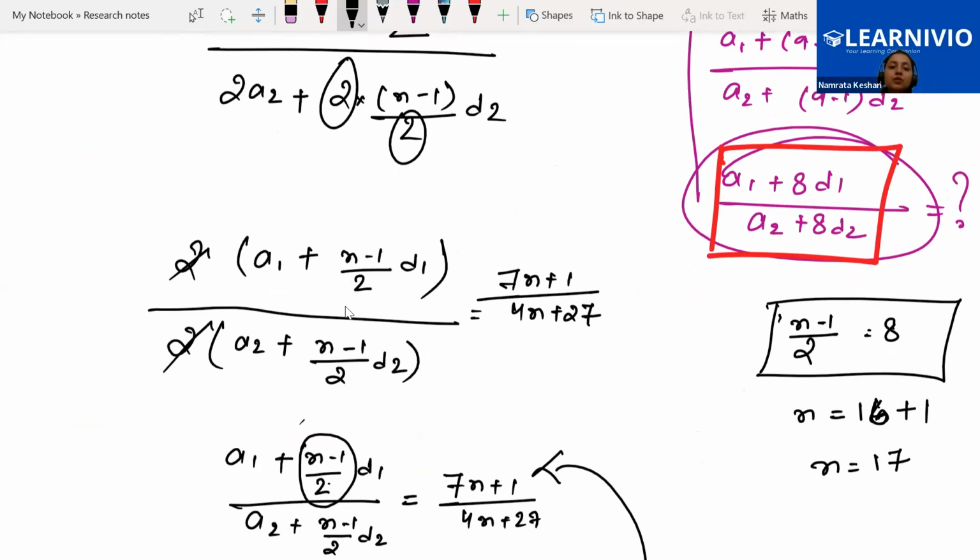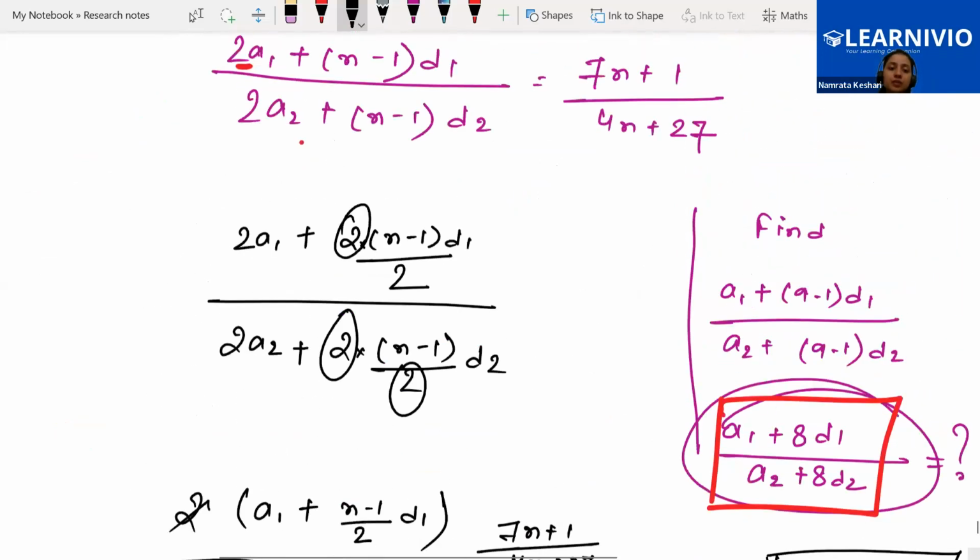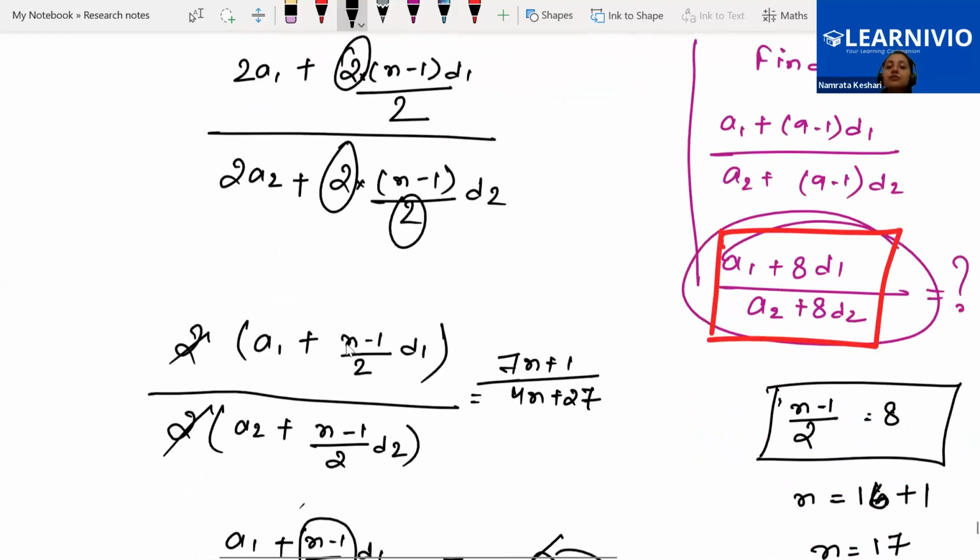And here we are talking about the nth term. So we cannot say n is 8, or n is 9, we cannot say like that. Here this complete result we want to create 8, then only we can say this is the ratio between the ninth term of the AP.